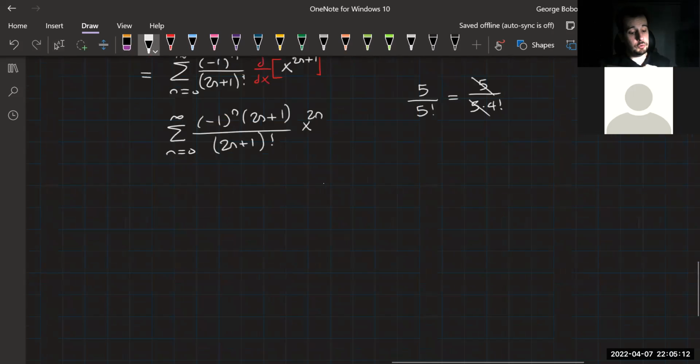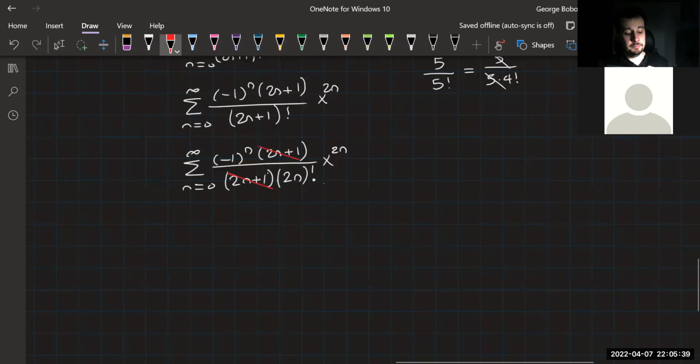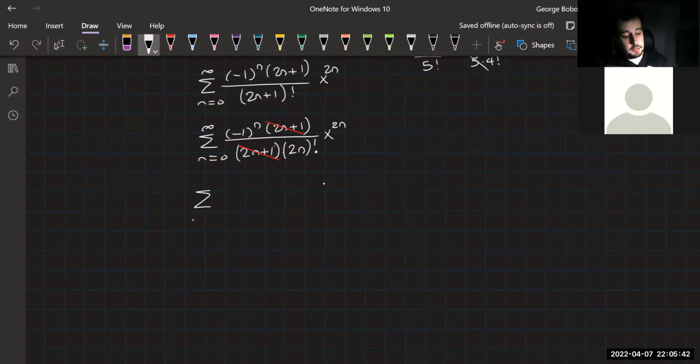So what we can do here, we can apply this little trick. So we say that the factorial on the bottom is 2n plus 1, but then we take the 1 away now. So 2n factorial. Now, this allows us to get rid of that ugly term right there. And we can write the series for cosine now.